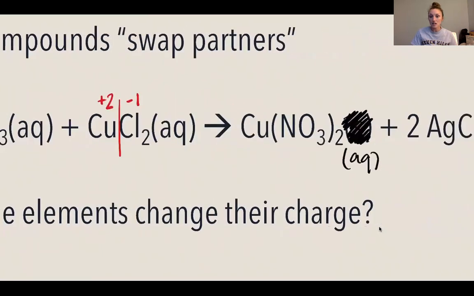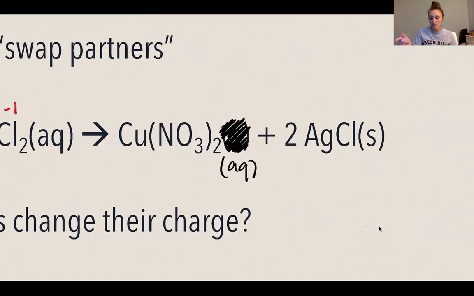Let's look and see on the product side whether those things have the same charges or not. So again, I'm going to split up my cation and my anion. Nitrate, -1. I have two of these, so total negative charge is -2, which means that my copper does still have a charge of +2.